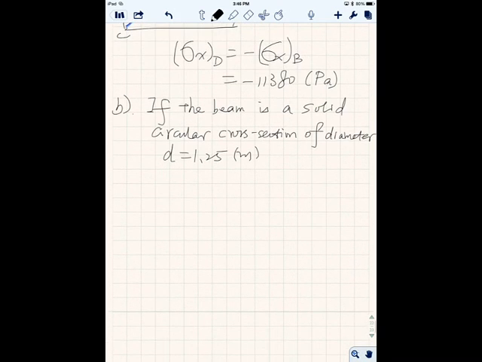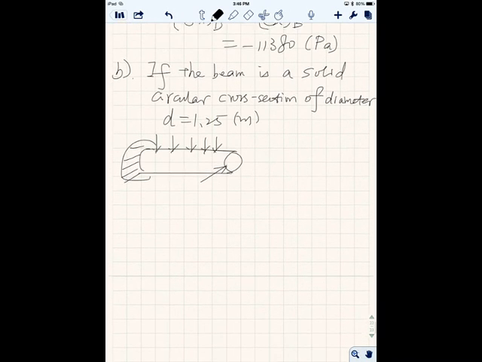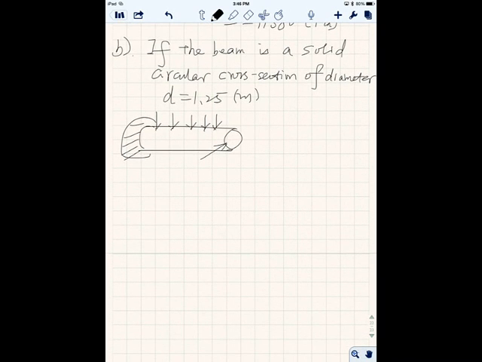Okay, so same loading condition, but the only thing different is we change that to a circular shape. Okay, all right. Now this I'm just going to show you.